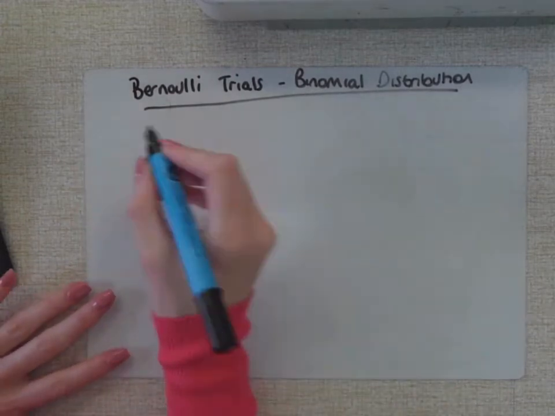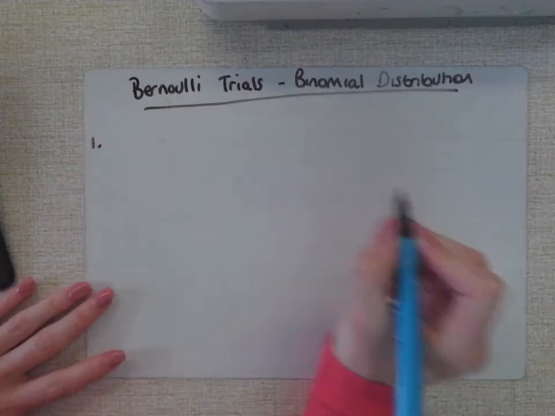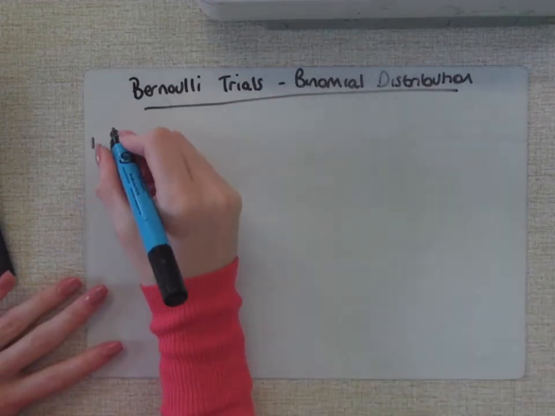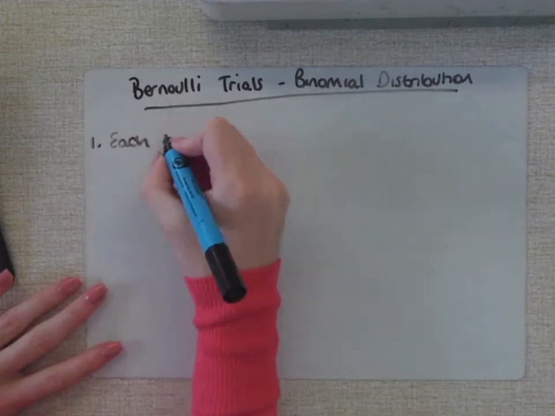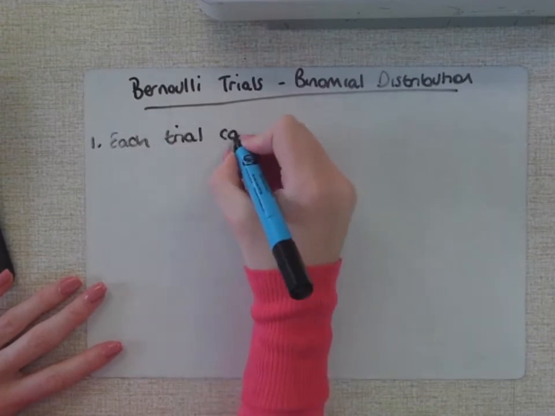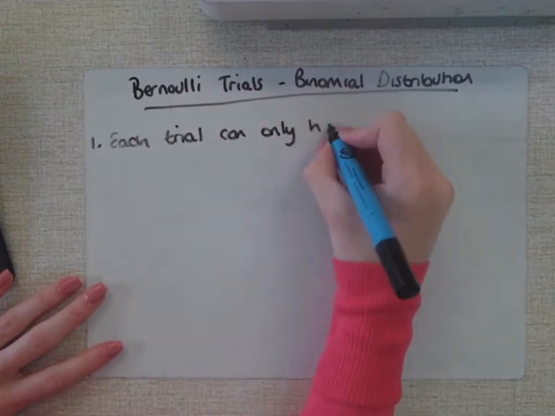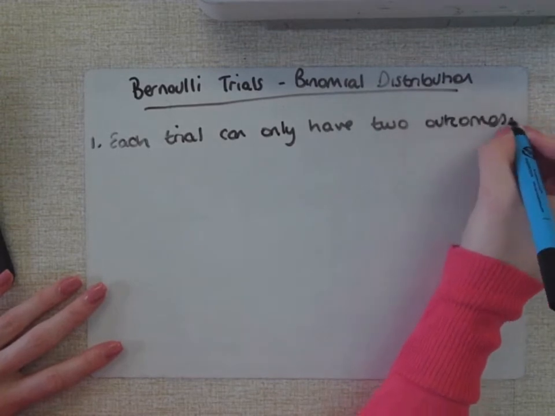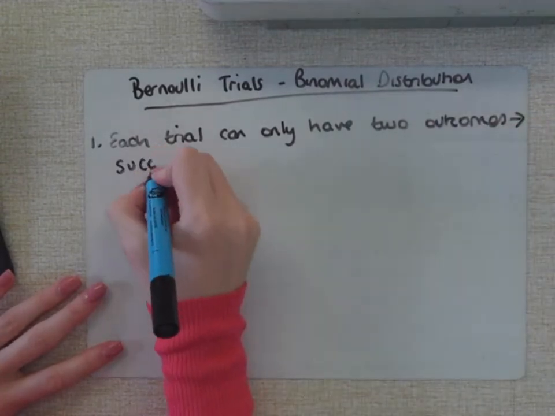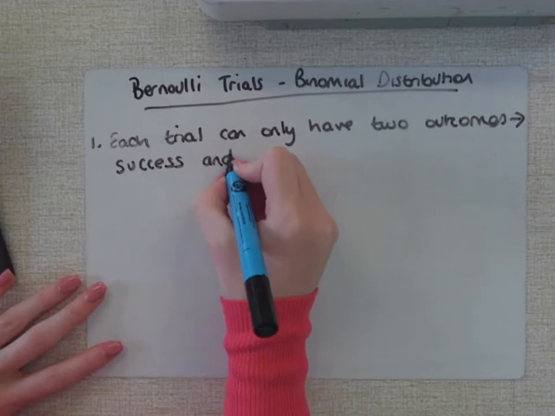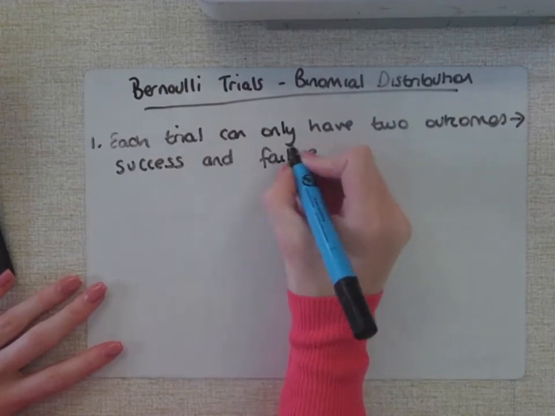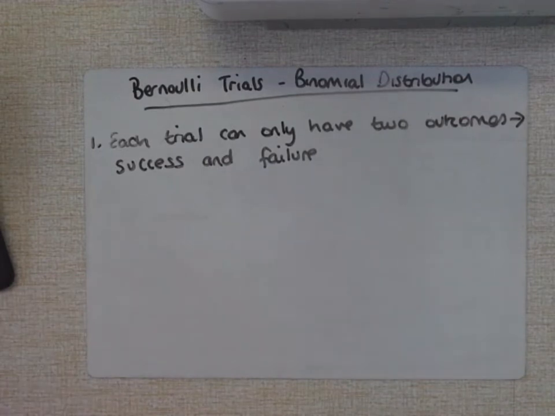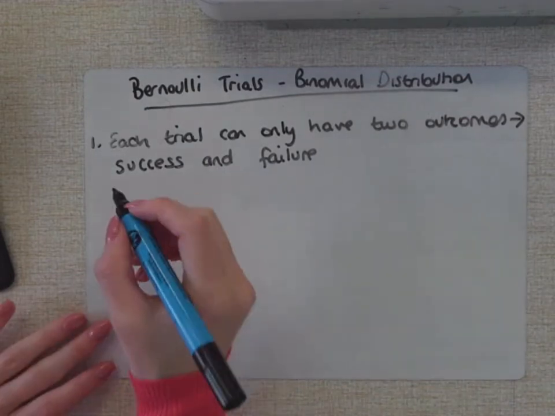So for it to be a Bernoulli trial, you can only have two outcomes, success and failure. Your outcomes need to be classified as two things, either a success or a failure.